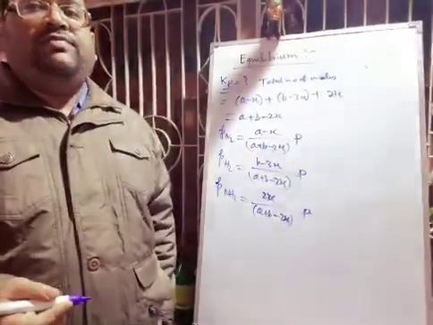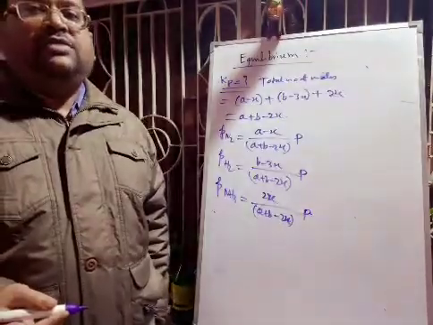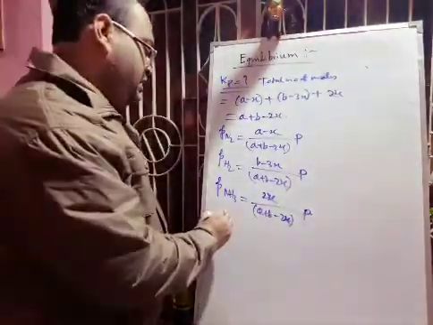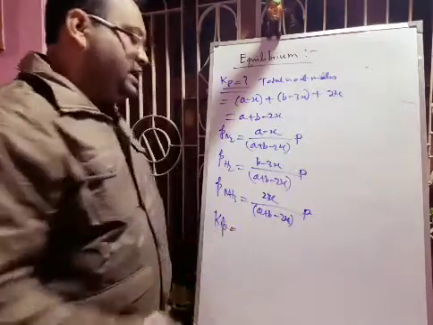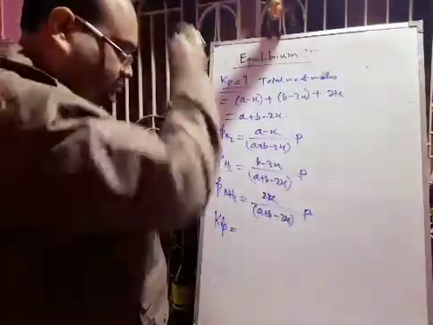In the same way, if you put the values, you will get the value of Kp. So Kp is coming what?